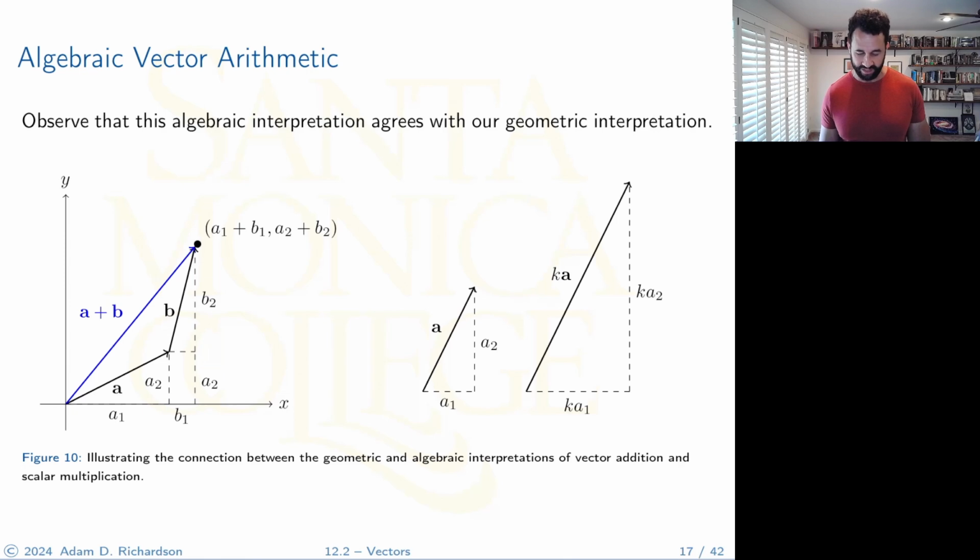You literally do a1 plus b1, and then a2 plus b2, and that takes you right to that point. So it agrees with your geometric intuition. Same thing with scaling. If I take a and scale it by k, you're scaling each component: you scale a1 by k, and you scale a2 by k, and that gives you ka.